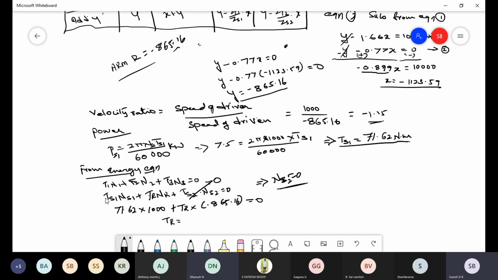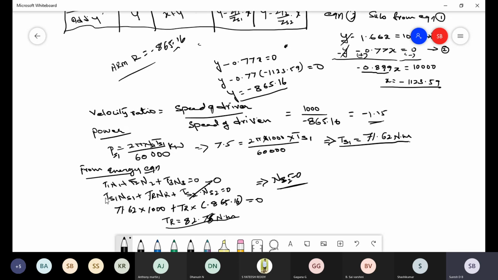82.78 Newton meters. Okay, this is the unit for torque.